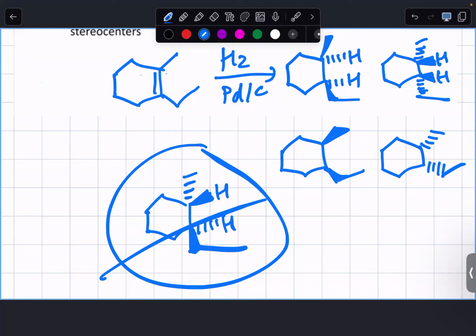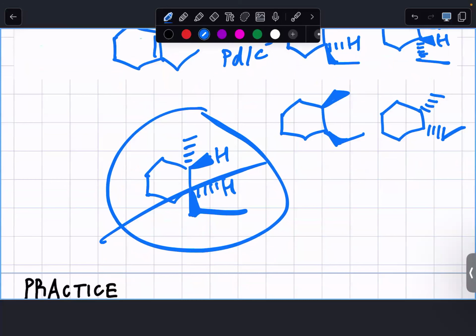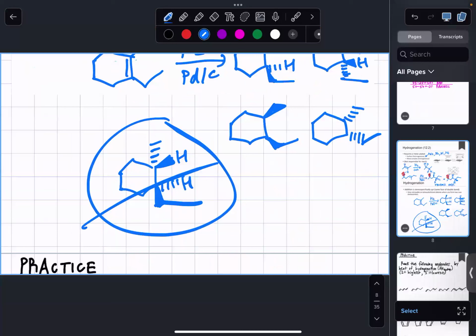Yeah, so that is when he asks you how many possible stereoisomers are in this molecule, right? But in lecture, he said the number of possible isomers would not equal the number of stereoisomers because of relative stereochemistry.